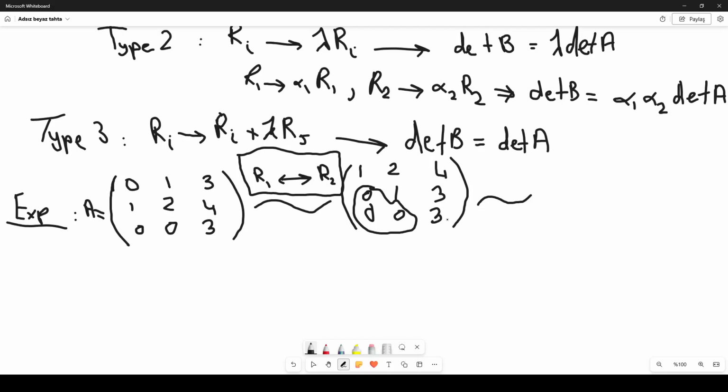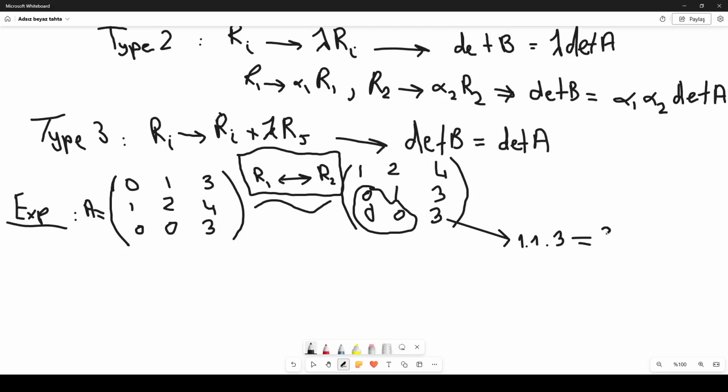So the determinant is 3. How would I understand that? I just need to multiply the elements that lie on the main diagonal. So it is 1 times 3, which is equal to 3.